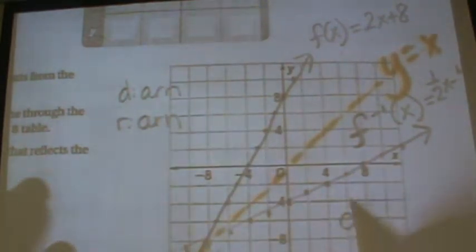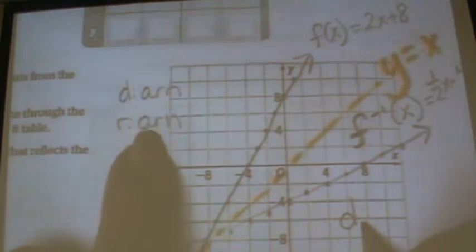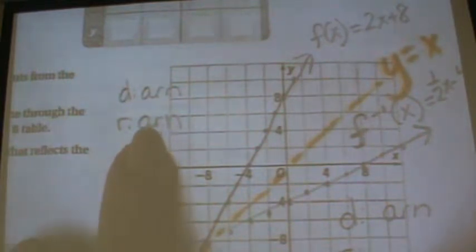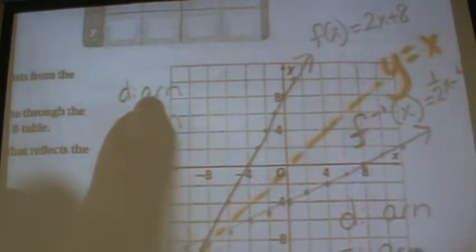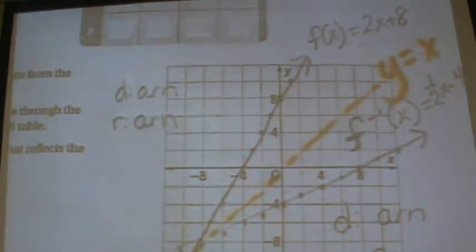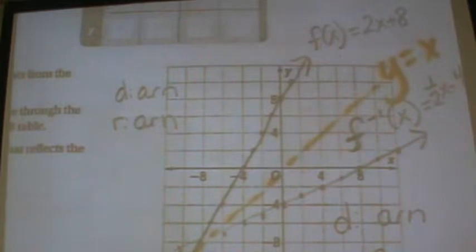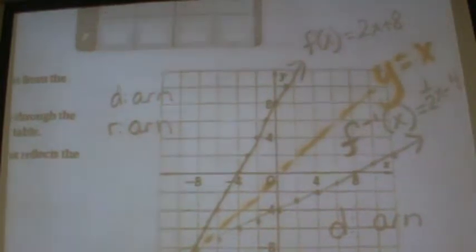Your domain becomes the range, all real numbers, and your range becomes the domain, all real numbers. Now, this isn't very exciting because all real numbers is all real numbers. Where it's going to start to change is when you start working with parabolas and radicals. That's where you're going to see a difference, and you're going to have to talk about the domain and the range, okay?